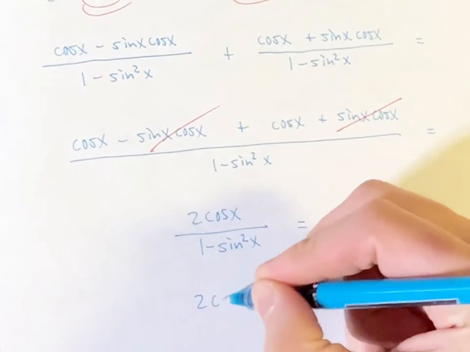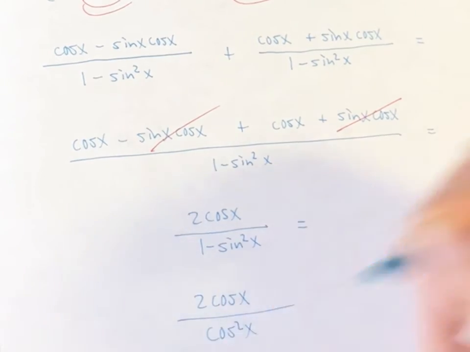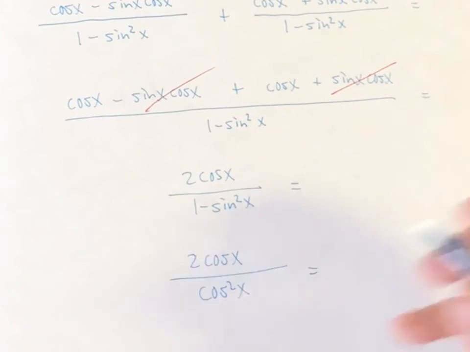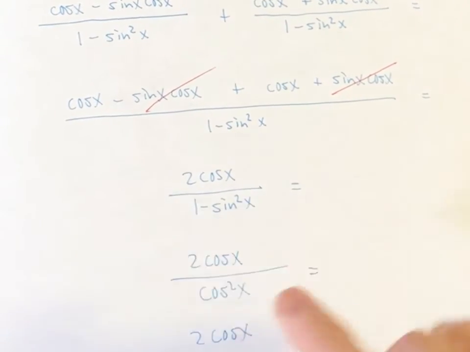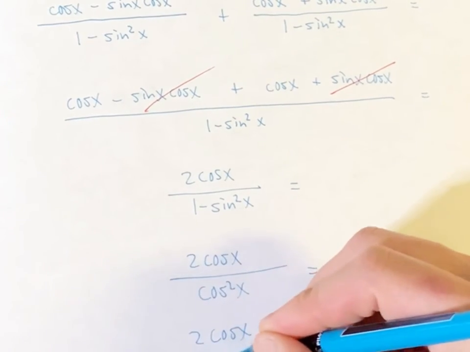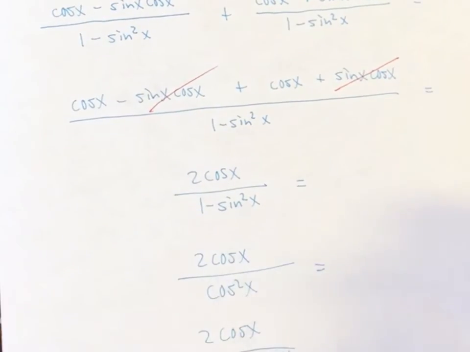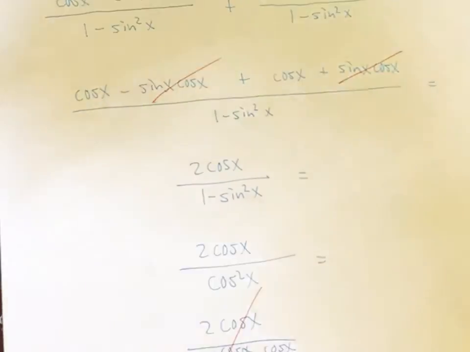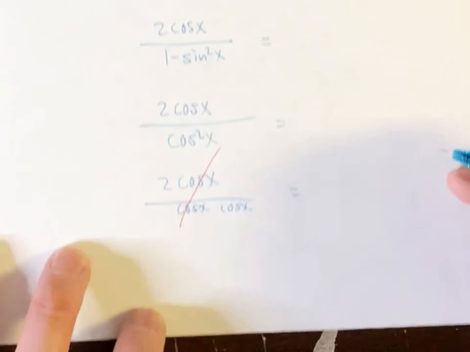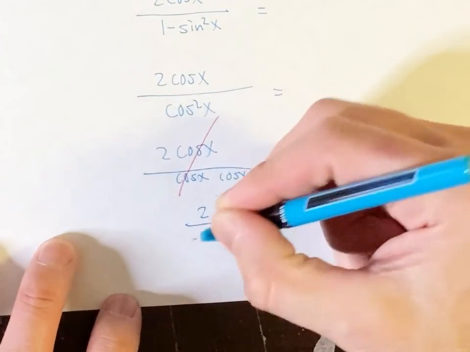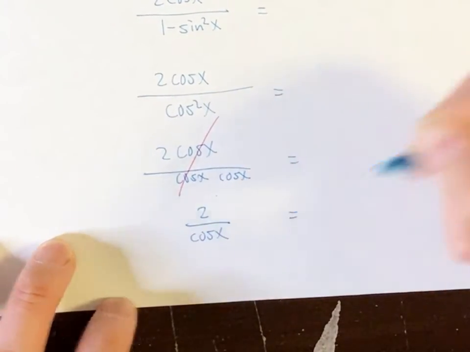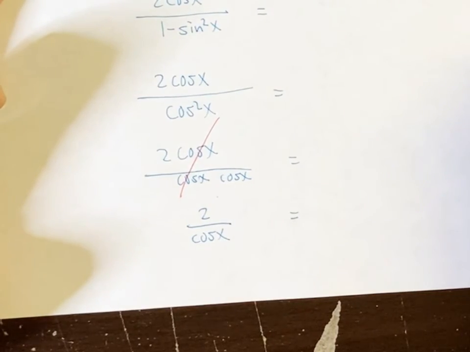So we're left with 2 cosine over cosine squared. And the reason this is good is because cosine squared in the bottom, that's like cosine times cosine. And either one of the cosines knocks out with the top one. So what are we really left with? We're left with a 2 in the top and a cosine in the bottom. But you know how you can rewrite this?